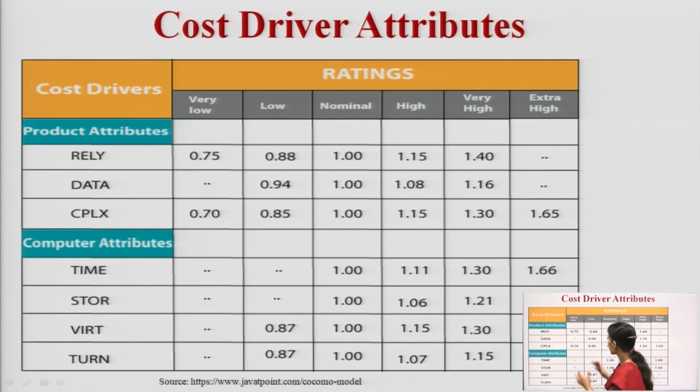These are the cost attributes; the product attributes are of three kinds: reliability, database size and complexity. They are either very low, nominal, high, very high or extra high.